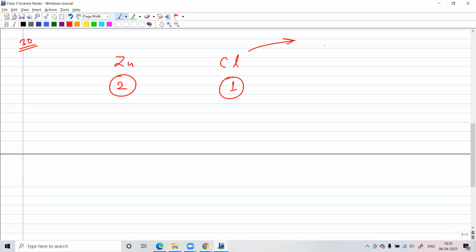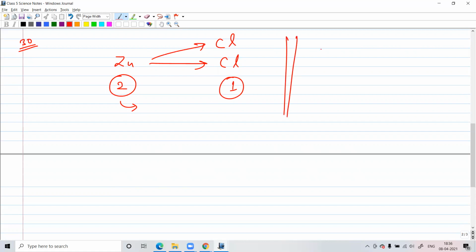Chlorine has an electronic configuration of 2, 7. So it can accept 1 electron. If I do a bonding, the zinc can give 2 electrons, but this chlorine can take only 1. So where will the other electron go? One electron of zinc will be shared with 1 chlorine and the other has to be shared with the other chlorine.